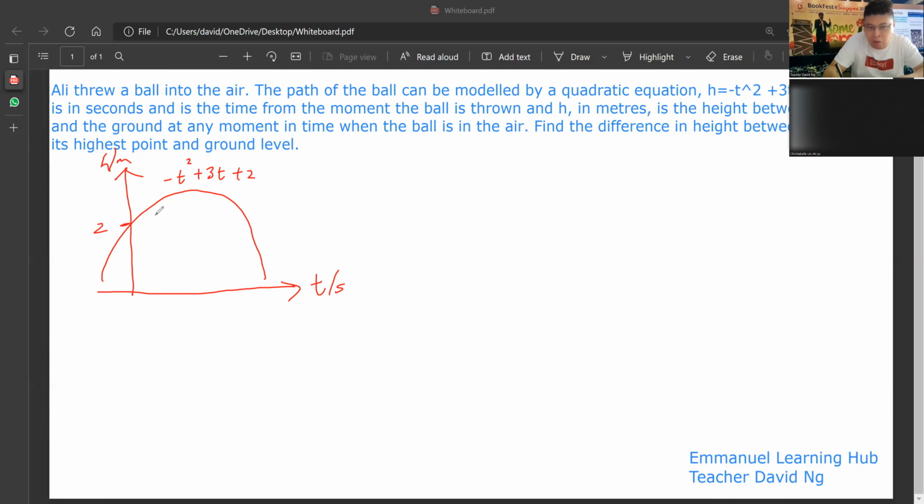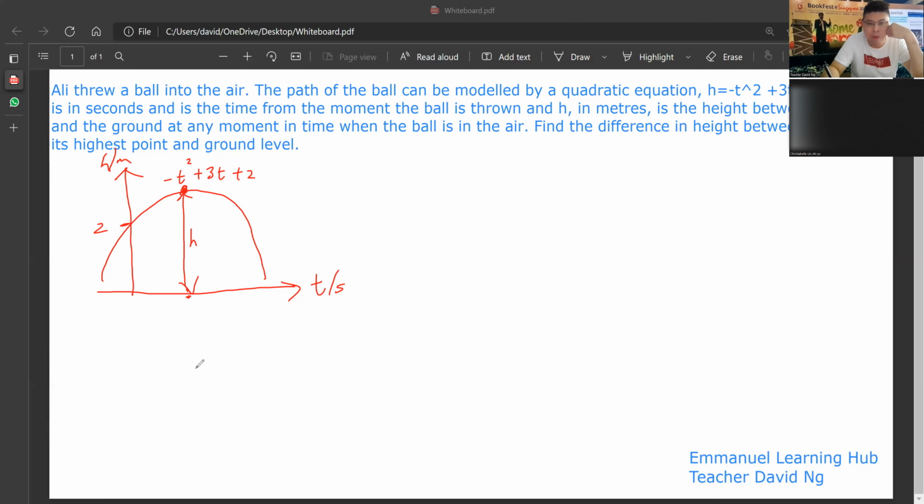Where Ali is, you got to account for the height of Ali also. So they want to find difference in height between the ball at highest point, which is here, right? And ground level. This is the ground level.